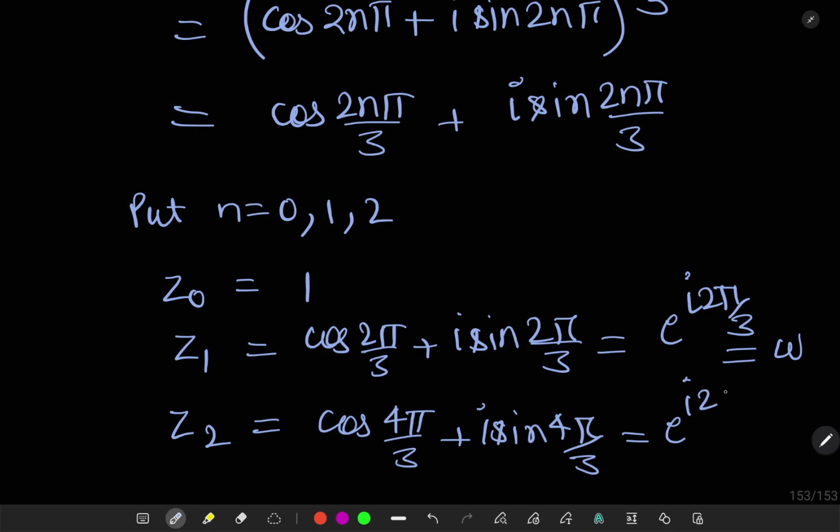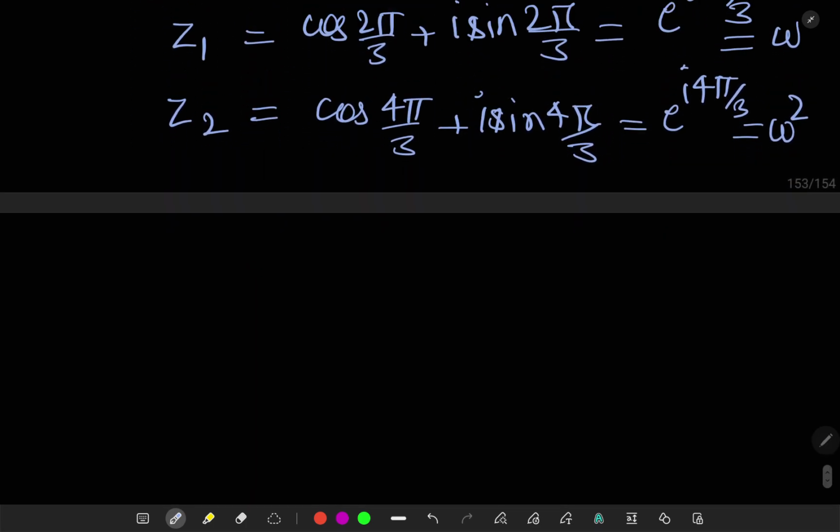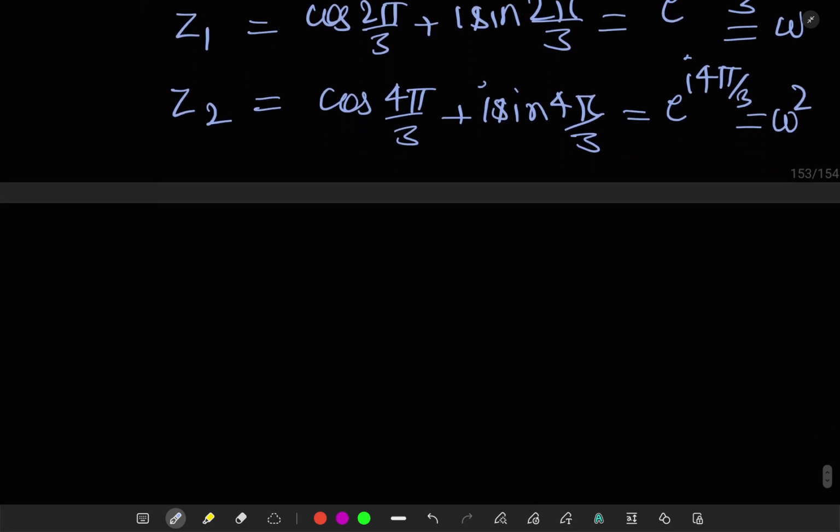Or we can write here in exponential form this, and here you can see this is equals to omega square. Here in this question we use 1 plus omega square, which is equals to 0.